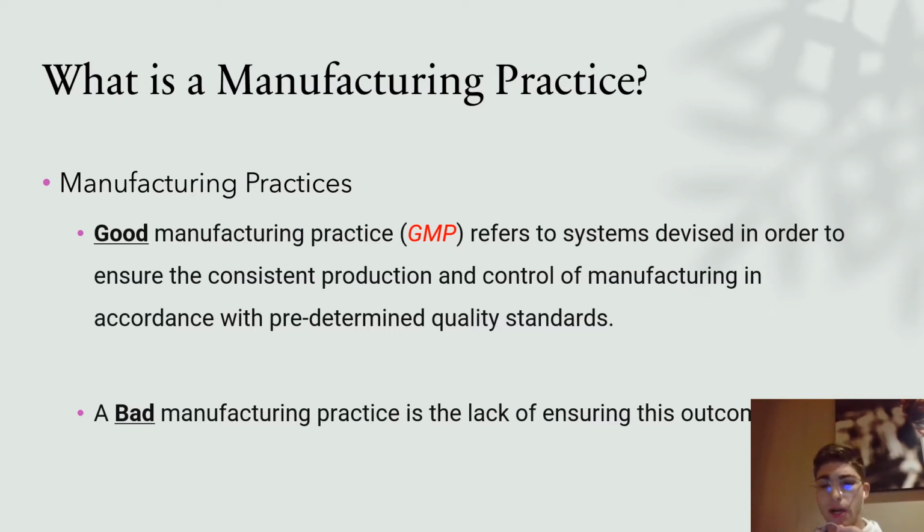Basically, a GMP is just systems and processes set in order to ensure that we're having good products come out of the warehouse and that what's going on in the warehouse is moving on efficiently and also in a safe manner. A bad manufacturing practice would be the lack of having these standards or the lack of having these systems in place.